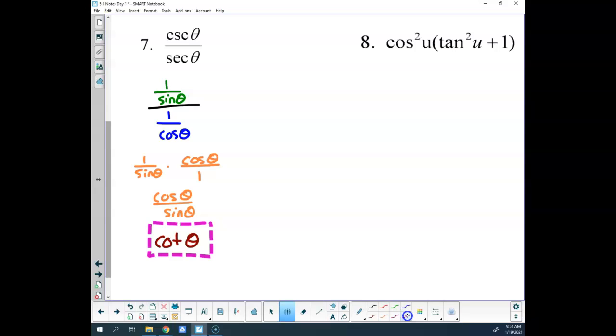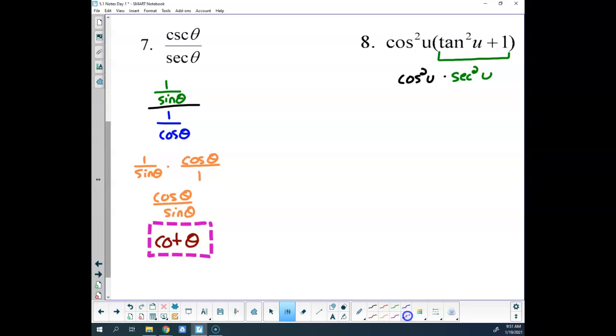Second one, tangent squared plus 1. That is secant squared. Still times cosine squared.